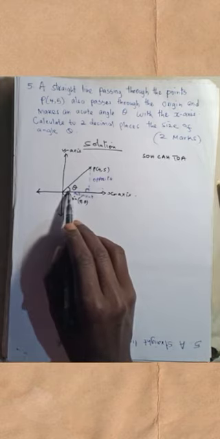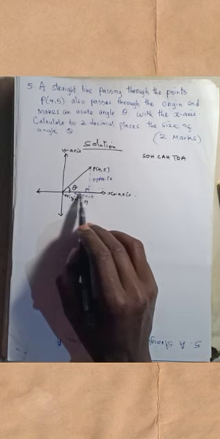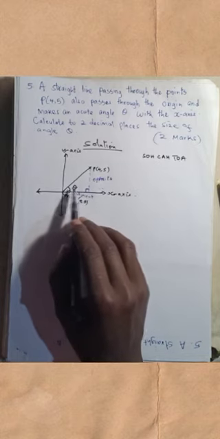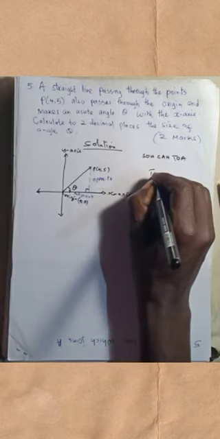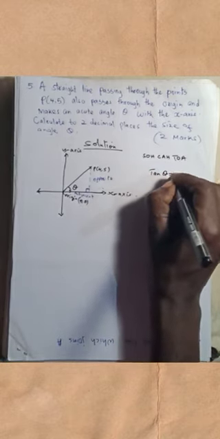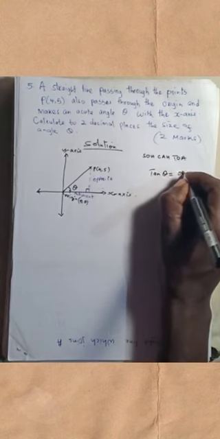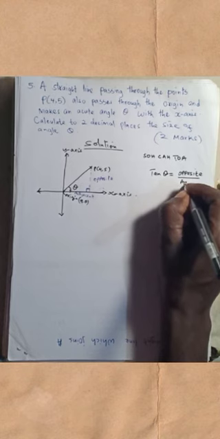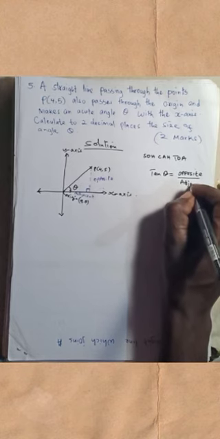So in this case, if we have this angle and we have the opposite side and we have the adjacent, then we can say that the tangent of this angle theta is equal to the opposite over adjacent.